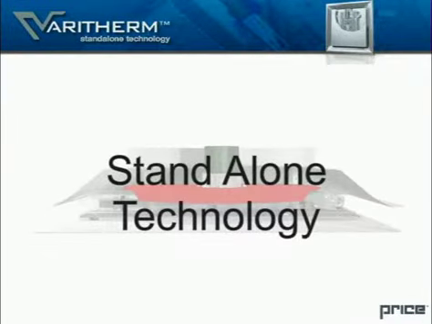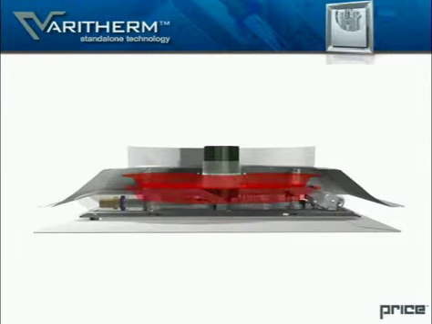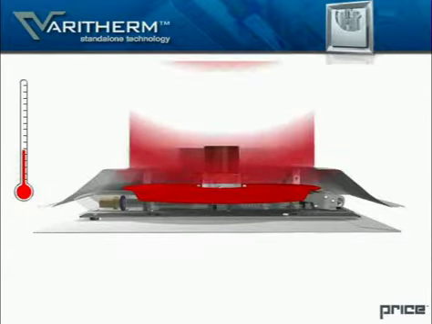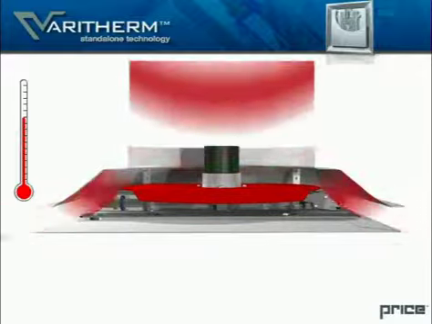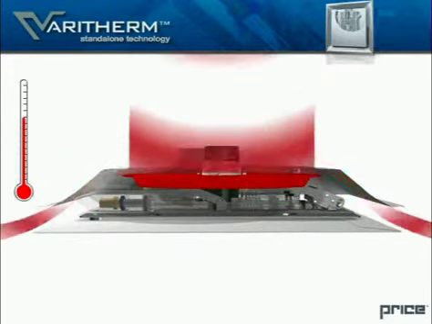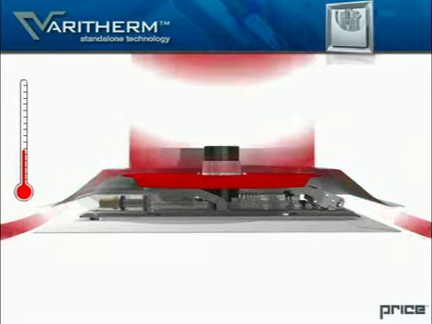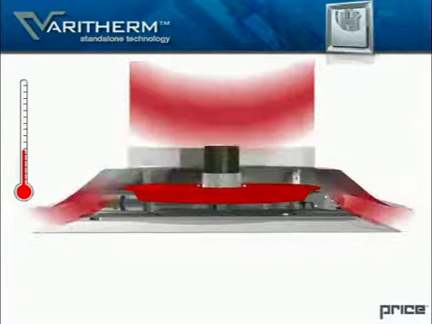Standalone technology. The Price Varitherm uses built-in thermal actuators that monitor supply and room air temperature and adjust an integral damper to vary the flow of conditioned air to the space. In heating mode, an increase in the room temperature beyond the room set point will cause the diffuser to decrease the amount of air delivered to the space, and a decrease in temperature beyond the room set point will cause a corresponding increase in air delivered to the space.